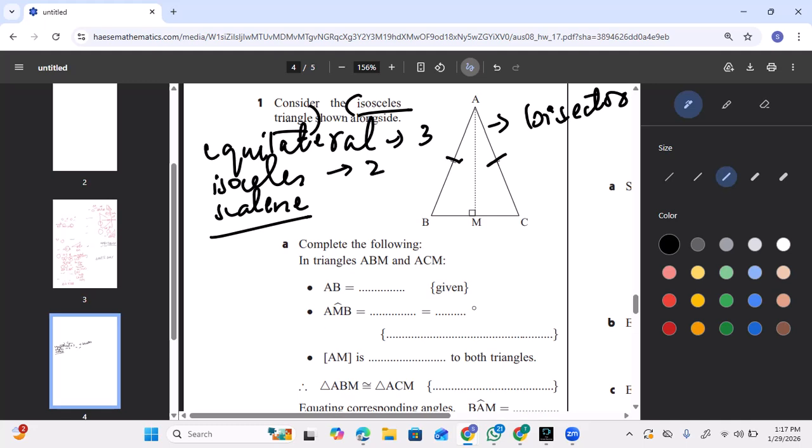Whenever you add another line in a triangle to divide it, you have the 90-degree angle with it, because this angle lies with the perpendicular bisector. And this bisector is perpendicular because it is bisecting the two sides, and it is perpendicular to this side and to this side as well. So basically it forms two triangles like this.